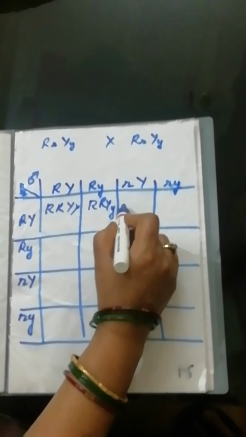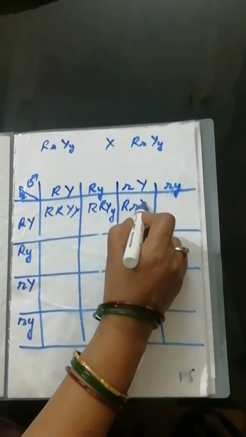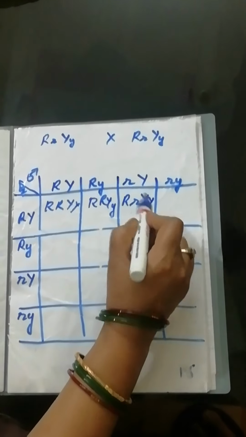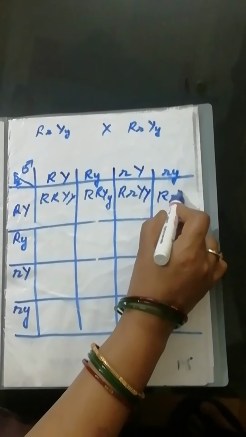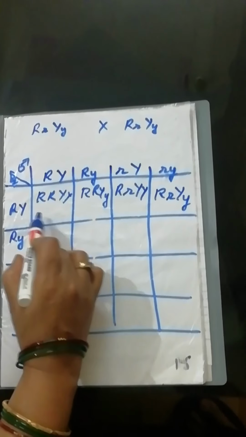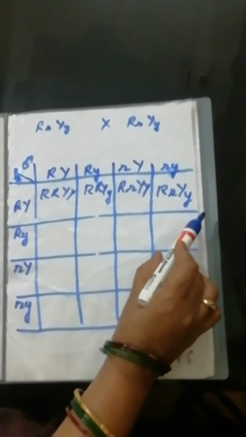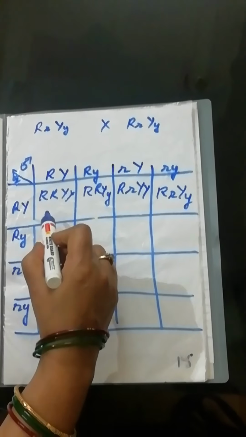Capital R, capital Y, capital Y, RRYY. What would be the phenotype? Round yellow. This also, capital R, capital Y, small y. Again round yellow. Then this capital R, capital Y, capital Y. This capital R, capital Y, small y. So in this row you can see all the seeds will have phenotype round and yellow.